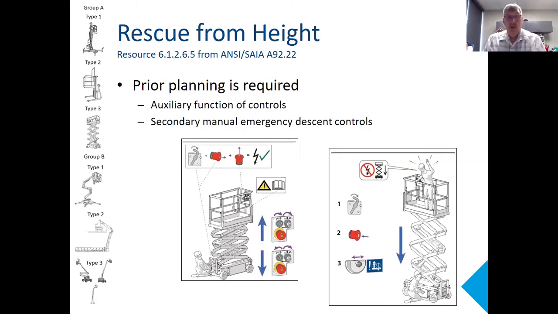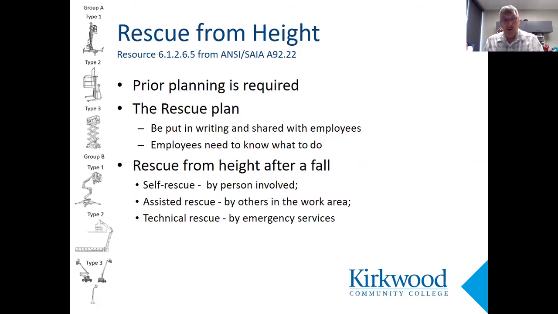Okay, let's keep going with the rescue from heights. This plan needs to be written and shared with employees. Employees need to know what to do when somebody's stuck up in the lift, and the time to start training on it is not then. Employees need to be able to stay calm, cool, and collected and know what to do to get the people down.